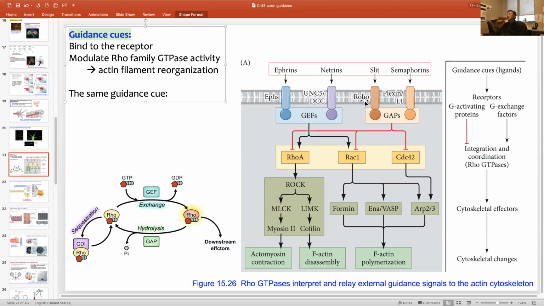The slit receptor is called ROBO, and the semaphorin receptor, I think, is neuropilin. I'm not completely sure, but we'll get to that later. Once these receptors are activated, they regulate the activities of the small GTPase proteins: RhoA, Rac1, and Cdc42.